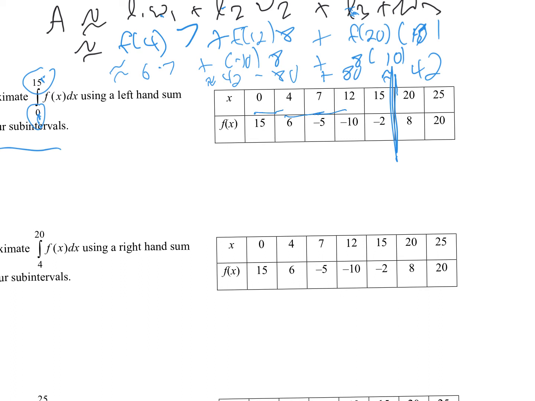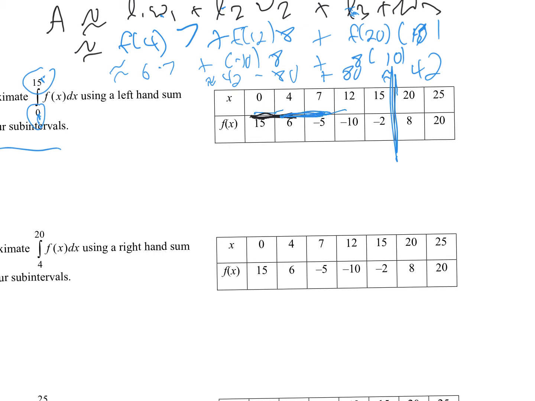And last but not least, overlap that last piece. This is my fourth. It gets kind of confusing. I don't know how you want to look at it, but in my case, I can realize that this is my one interval. This is my second interval.